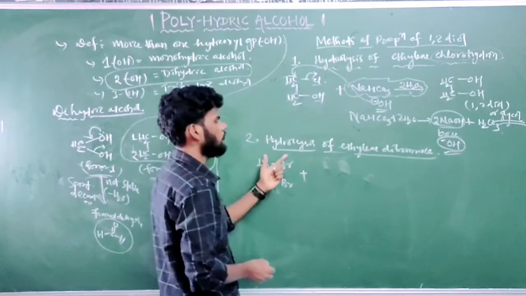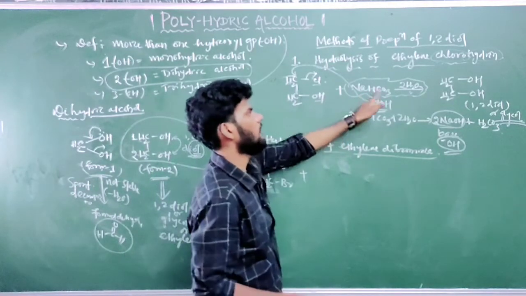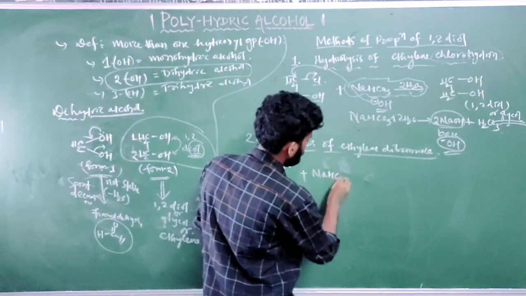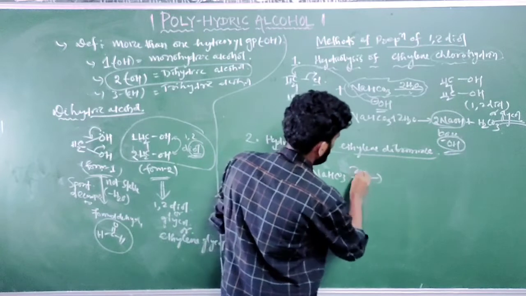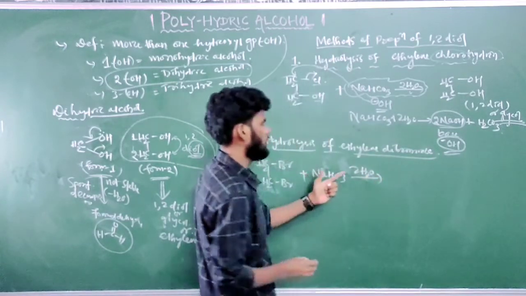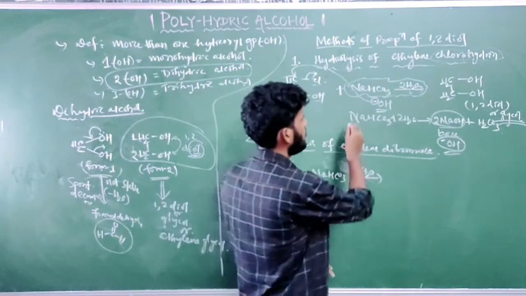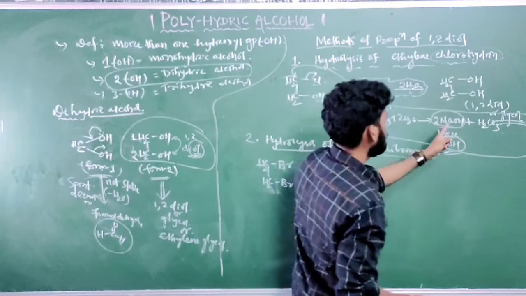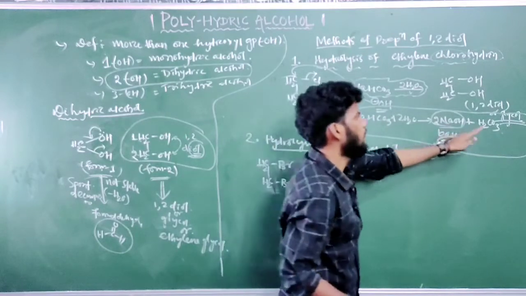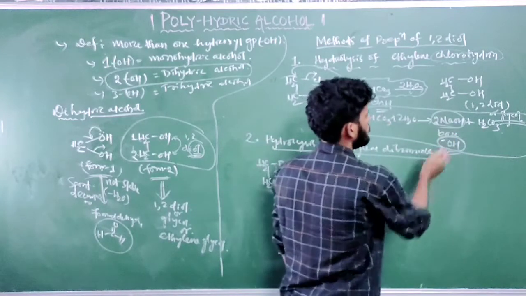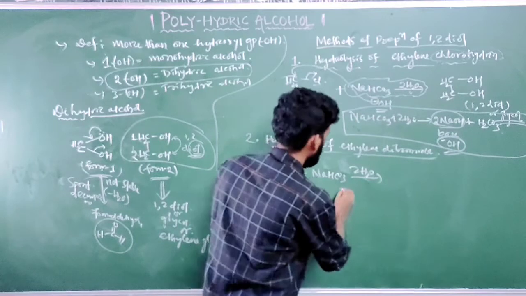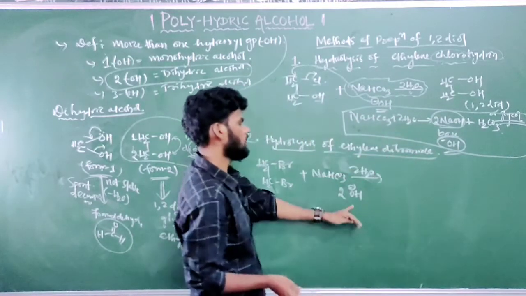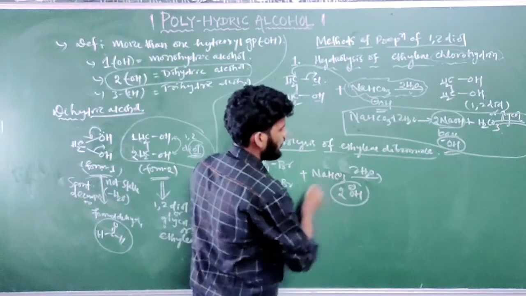For hydrolysis we will use the same reagent, sodium bicarbonate and 2 moles of water. When sodium bicarbonate is mixed with 2 moles of water, it forms 2 moles of sodium hydroxide plus H2CO3, as I have already written here. Instead of Na plus OH minus, we can simply write 2 moles of OH minus.